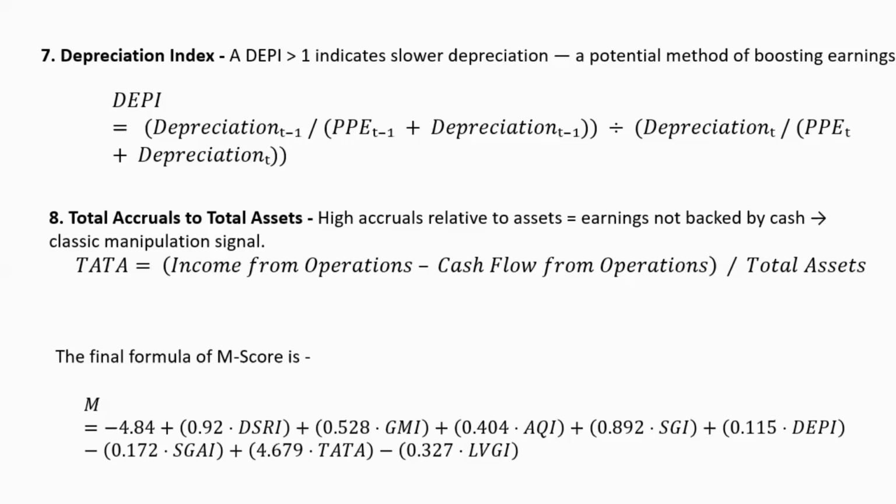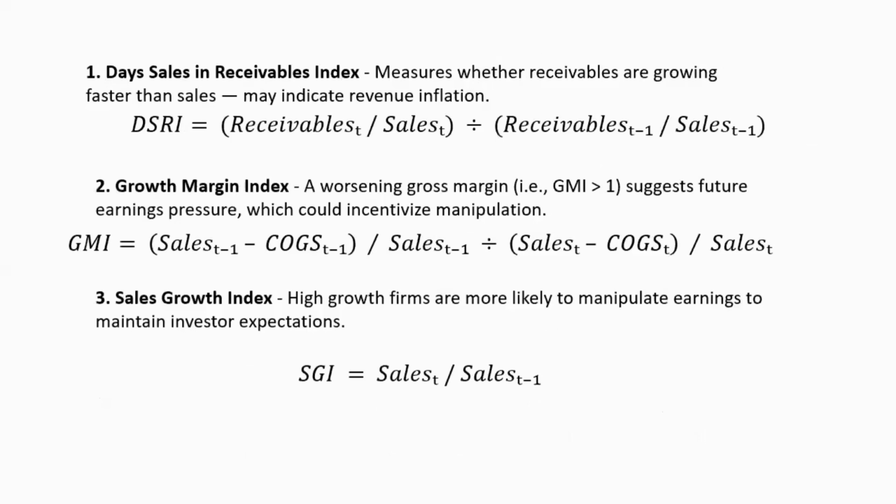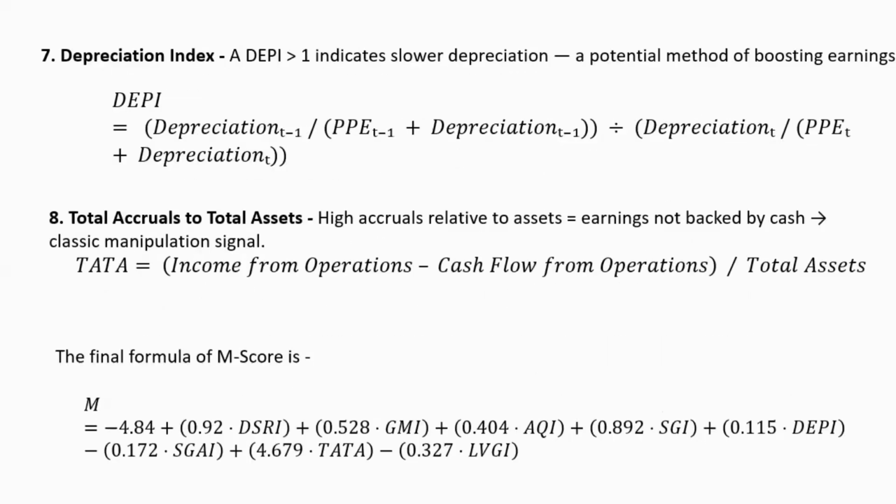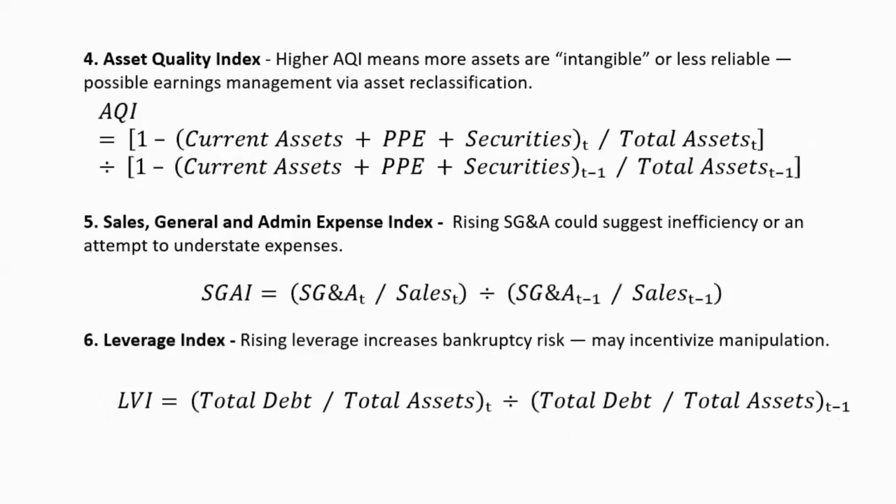Total accruals to total assets: you take income from operations, that is just operating income, minus cash flow from operations, divided by total assets. And this is the final score. After calculating each of the ratios, you should put them under this formula, where minus 4.84 plus 0.92 into, for example, DSRI.